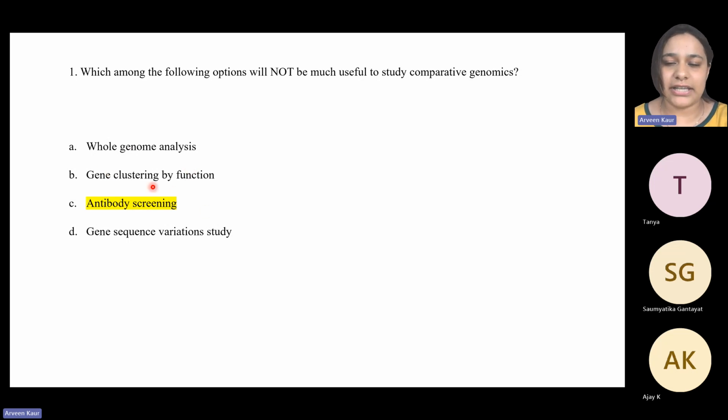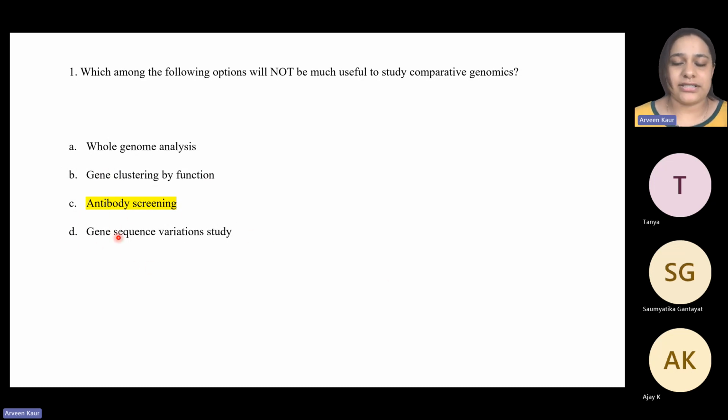The function you have dedicated is the kind of function you want to study, right? But can we cluster genes according to that? Are those genes conserved across all species? Did the primitive or invertebrate animals have a different kind of uptake mechanism than, say, the vertebrate animals? Or do mammals have a different kind of uptake mechanism than maybe apes? Right. So such things can also help you study comparative genomics. The final one is gene sequence variation studies.